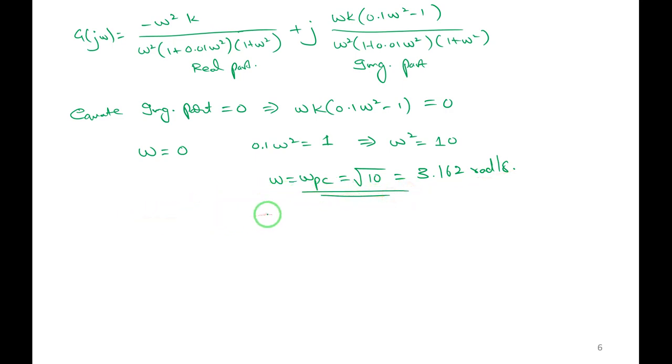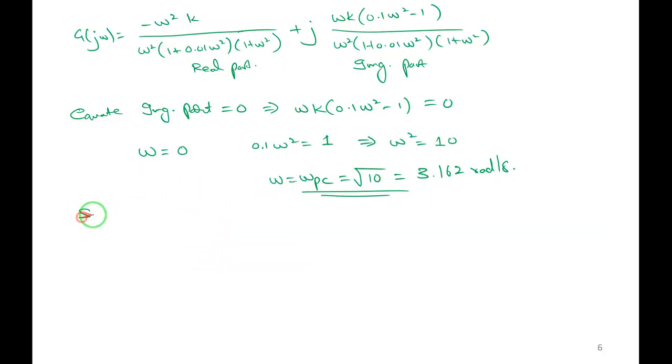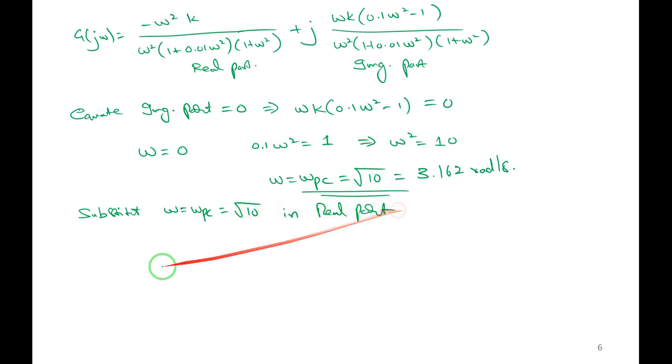Then if we want to find the intersection point Q, substitute omega equal to omega pc, that is root 10, in the real part.